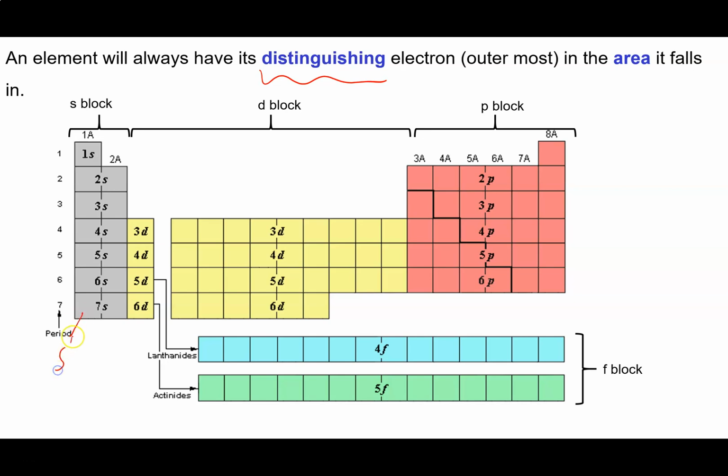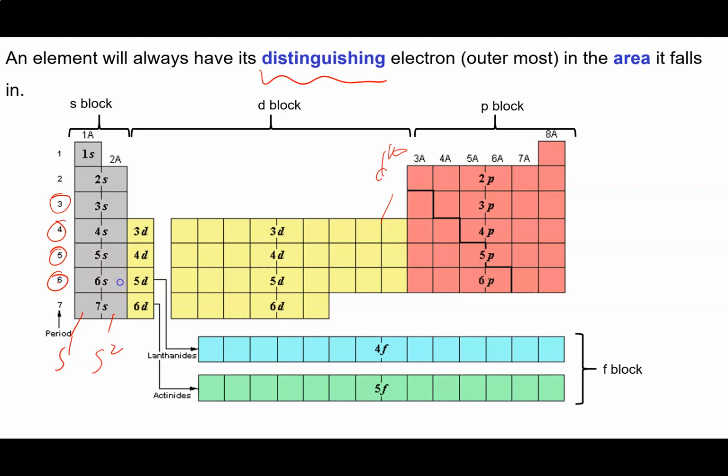As I said, this is always going to end s1, s2, this will always be d10. We can always really quickly figure out what that last electron is. Now we can go even better because we know that the period number indicates the highest shell. We can figure out what the exact subshell is that those last electrons are in.